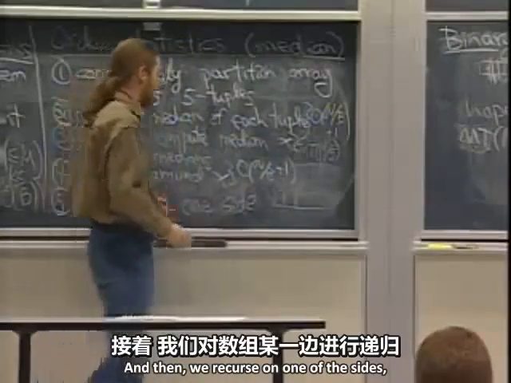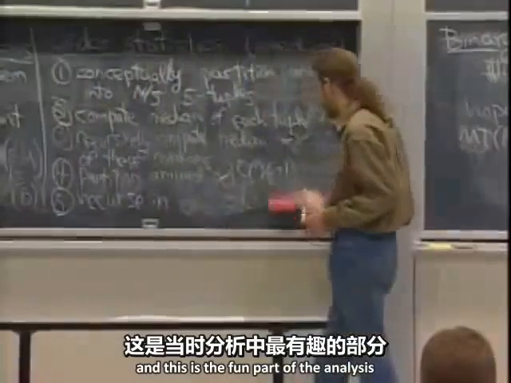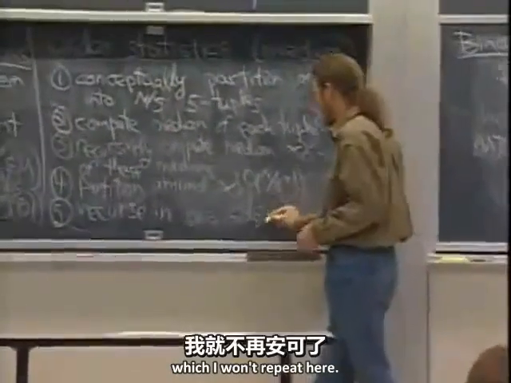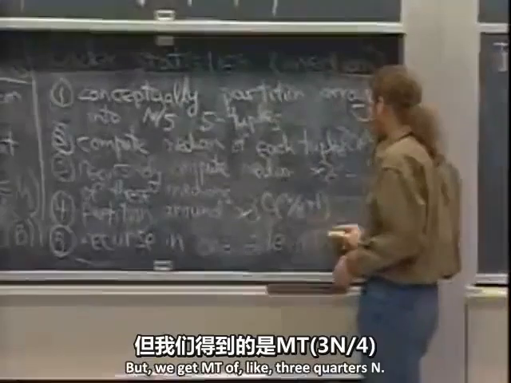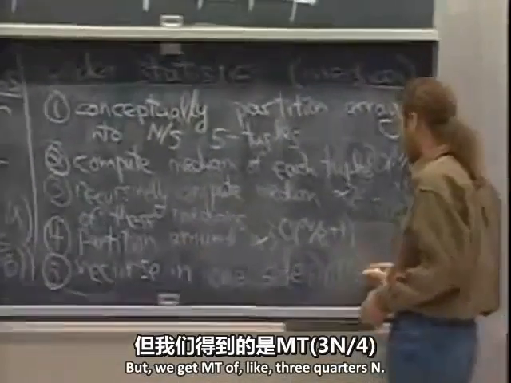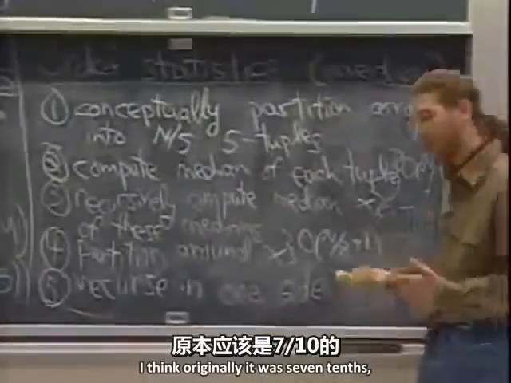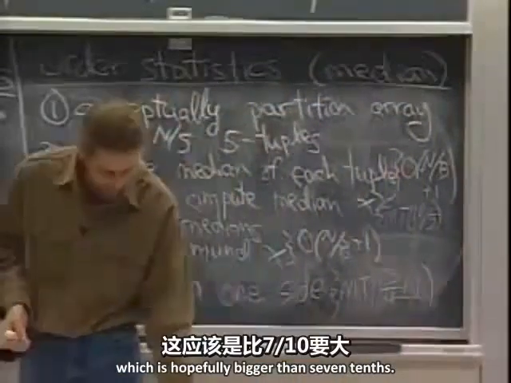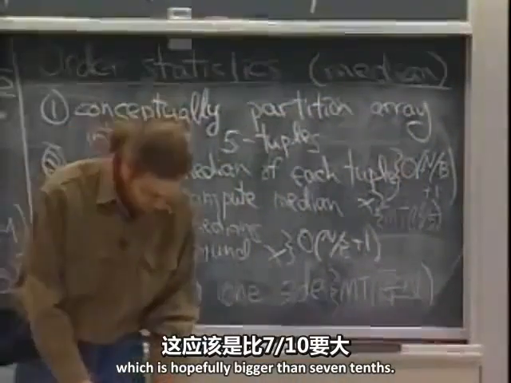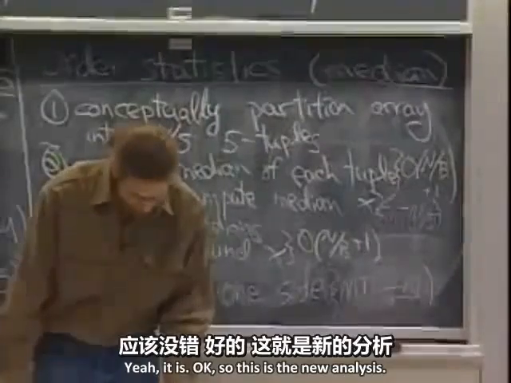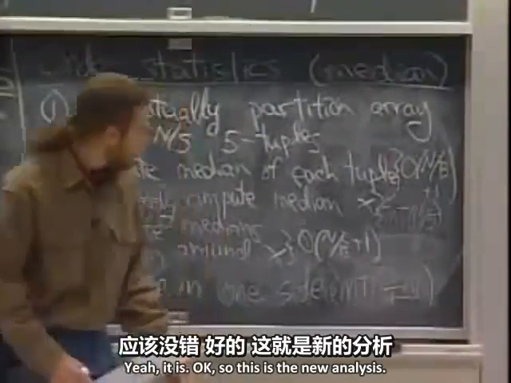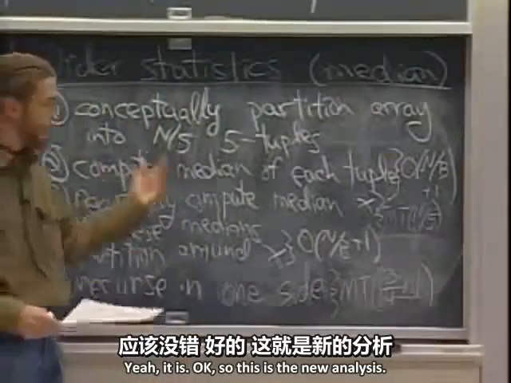And then we recurse in one of the sides, and this is the fun part of the analysis, which I won't repeat here. But we get MT of 3/4 n. I think originally it was 7/10, so we simplified to 3/4, which is hopefully bigger than 7/10. Yeah, it is. So this is the new analysis.